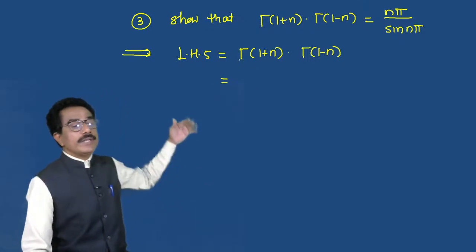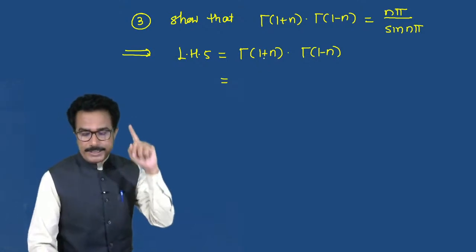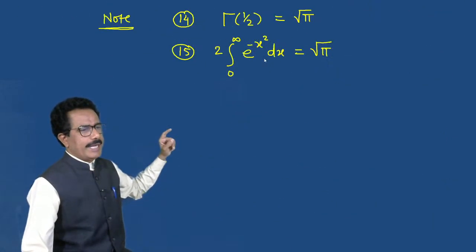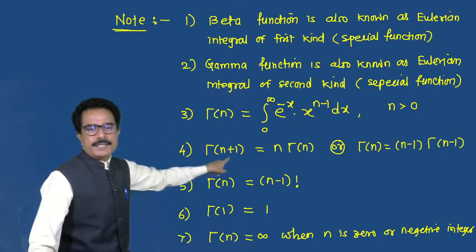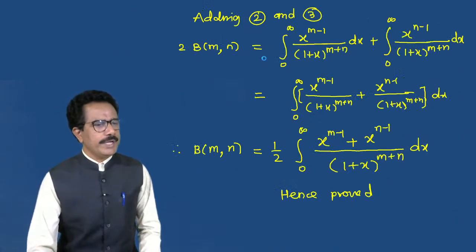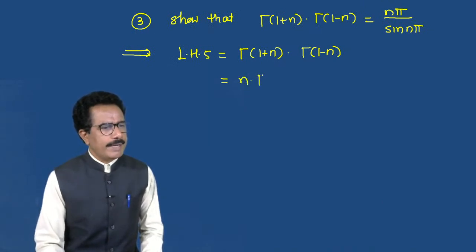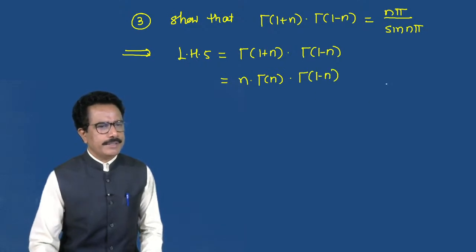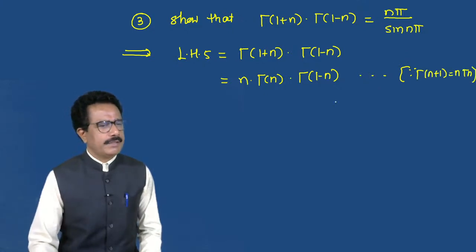We know the property of gamma 1 plus n: gamma 1 plus n is n into gamma n, since gamma n plus 1 is equal to n gamma n. So we have to use n into gamma n into gamma of 1 minus n.